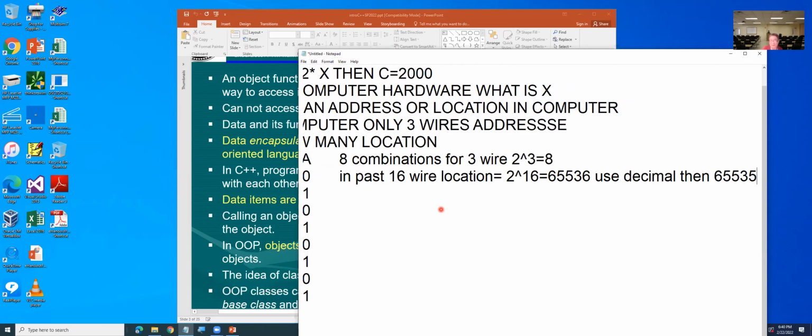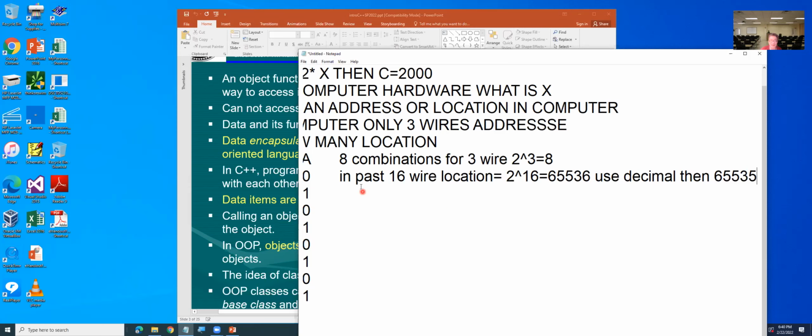So that is telling you how big your computer can go, the 65,535 locations.